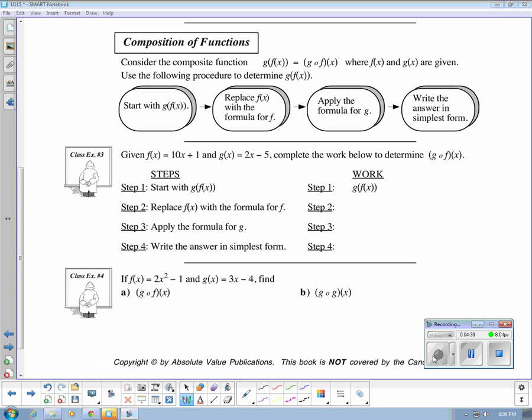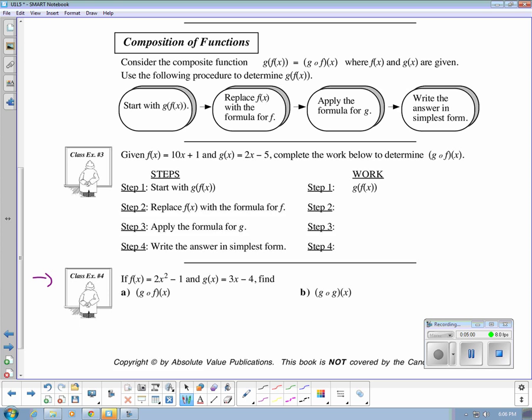So I've flipped all the way to the bottom of page 35, and we're going to explore the notation that is the composite function. We're going to take a look at example number 4 down here at the bottom.